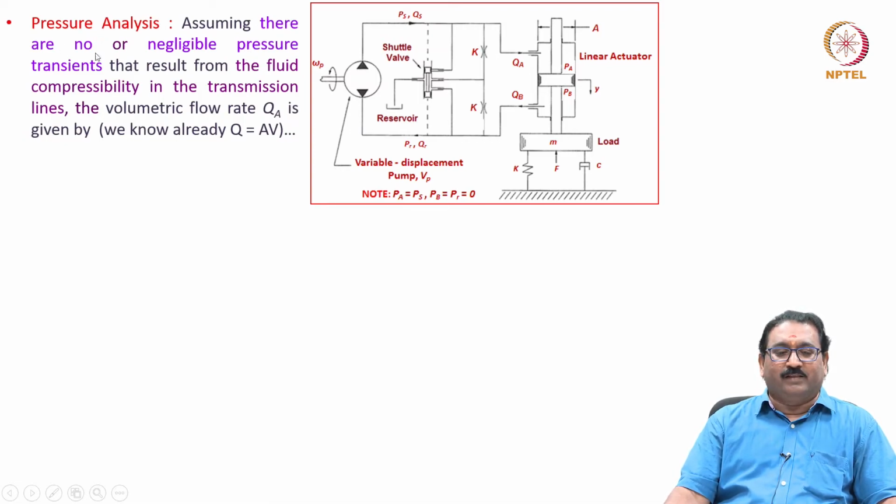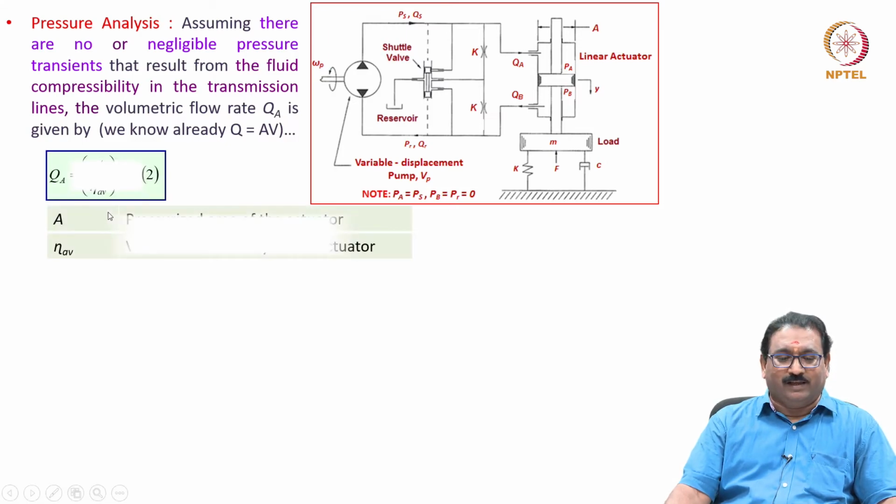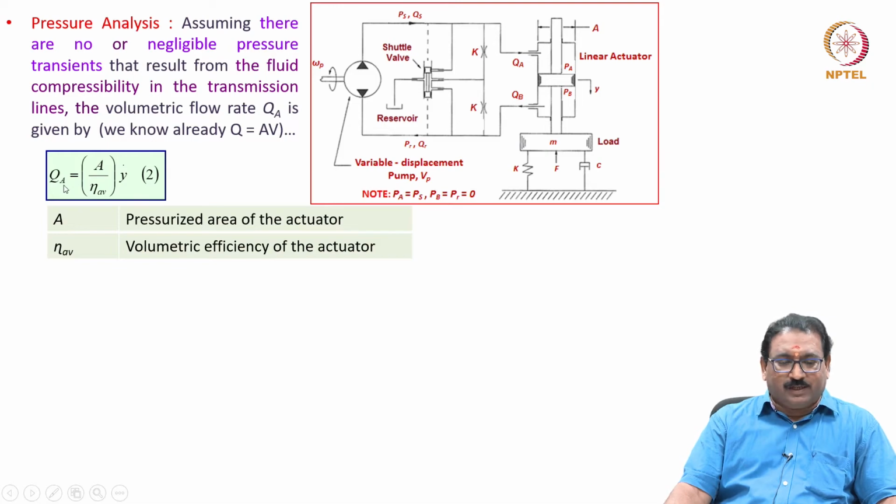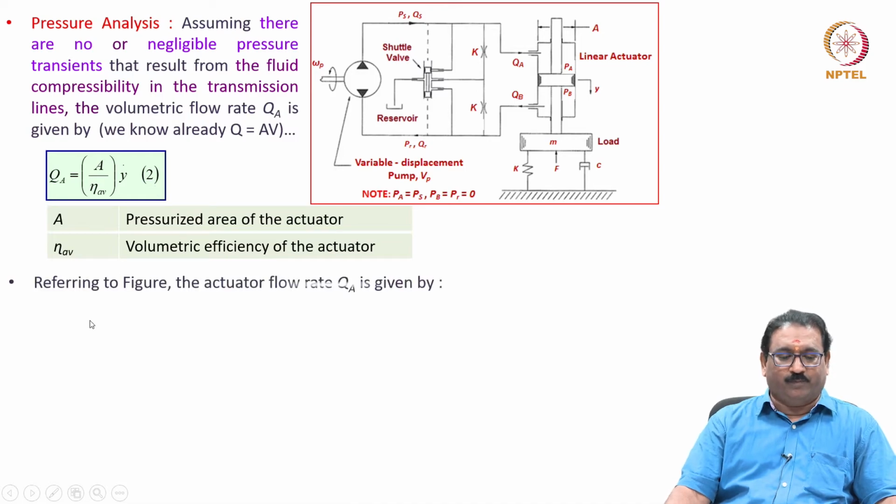Assuming there are no or negligible pressure transients that result from the fluid compressibility in the transmission lines, the volumetric flow rate QA is given by, already we know that QA equals A into V. So, using this, QA equals A divided by the volumetric efficiency of the actuator multiplied by y dot. We will call it equation number 2.